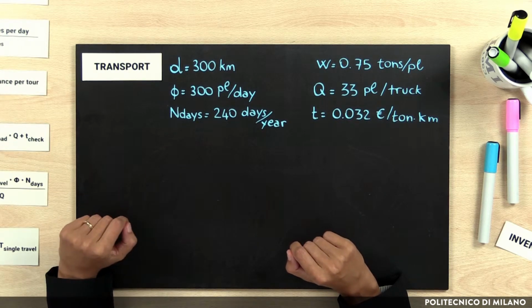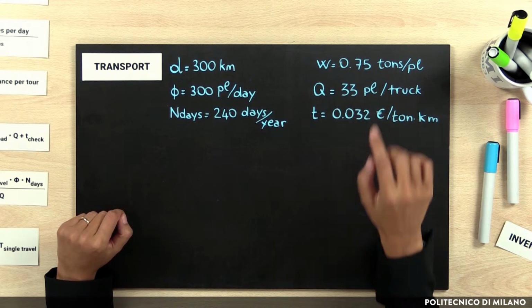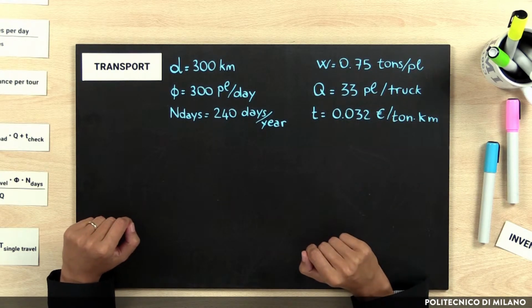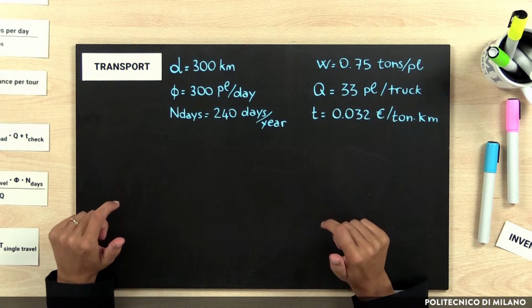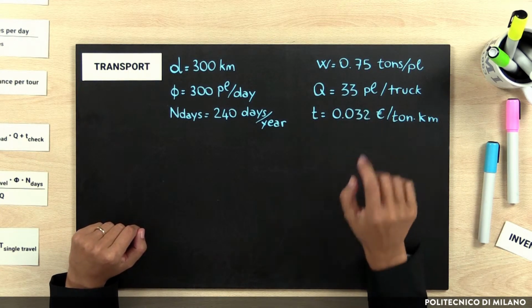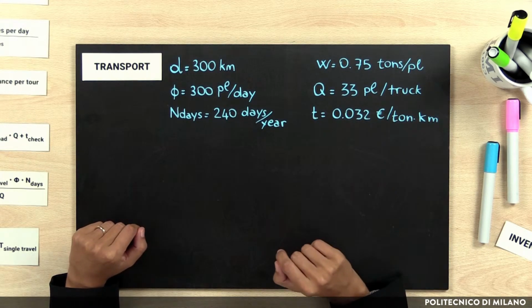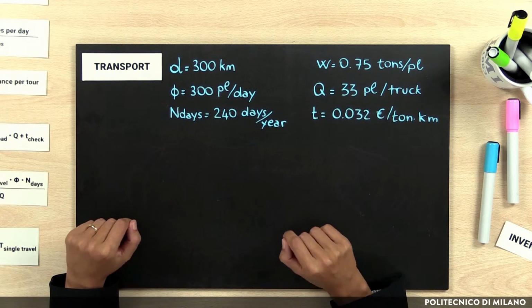The weight of every pallet load is equal to 0.75 tons per pallet load. We use trucks, and every truck can contain no more than 33 pallet loads. The unit transport cost, T, is equal to 0.032 euros per ton per kilometer.